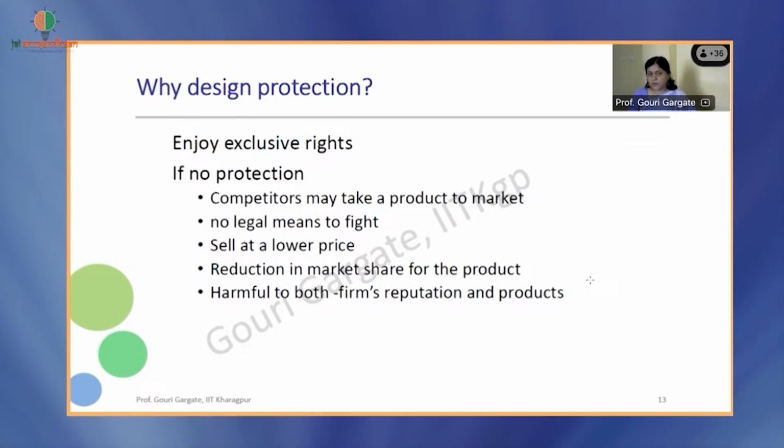Now, if you do not protect the industrial design, the chances are that competitors will take that product into the market. I would like to share a case here, of a company, Crompton Threads, which is in India.